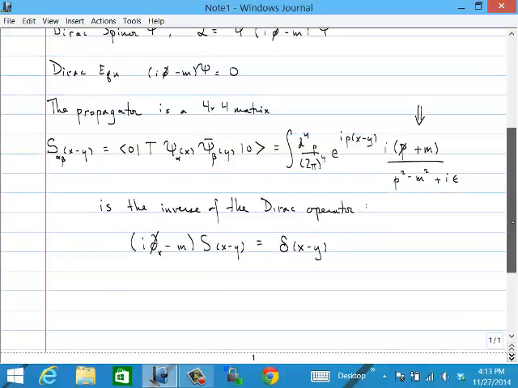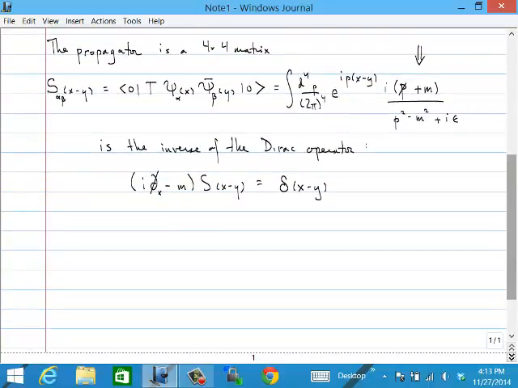And we derived this expression for the propagator in two different ways. We derived it first by using the explicit expression for the expansion of psi in terms of raising and lowering operators. Those are the ones that we called a and b: the two annihilation operators, the ones that remove an electron or a positron respectively, with momentum p and spin s.